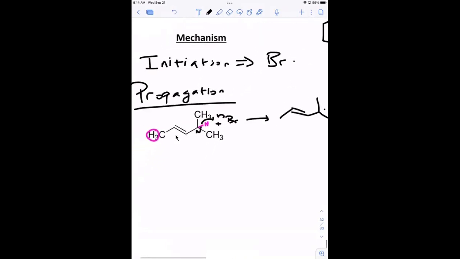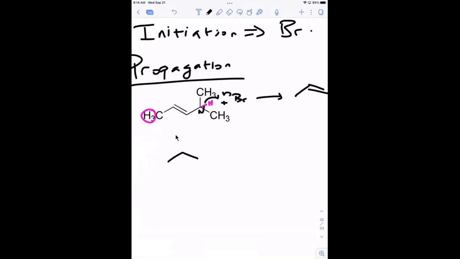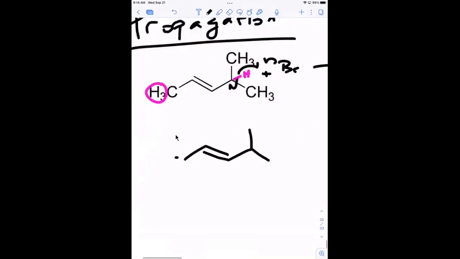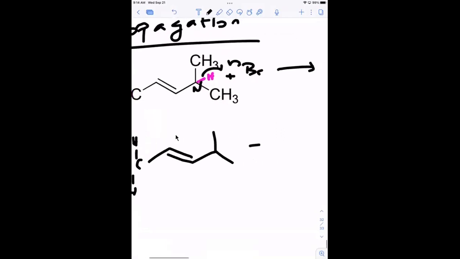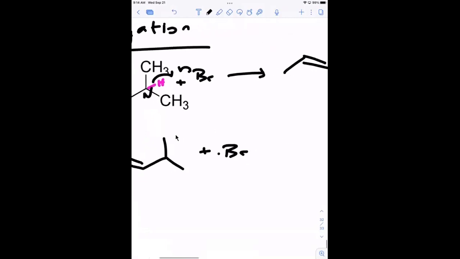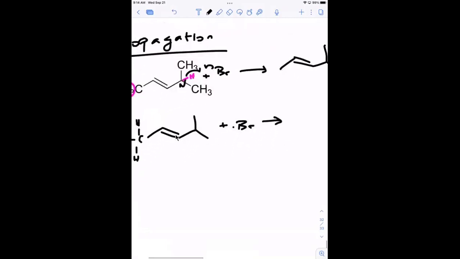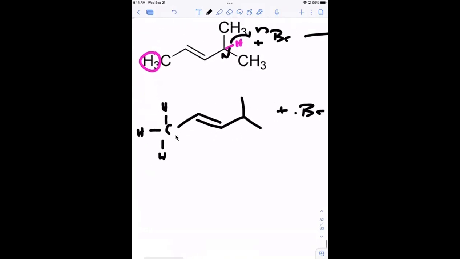So that's that. And then what about the second site? I'm going to have to draw it out. Same thing is going to happen here. Are you going to break the double bond? Not yet. No. We have to do abstraction again, just like we abstracted over here. All that's in propagation. You don't touch the double bond until you get ready to do your rearrangement, your resonance.